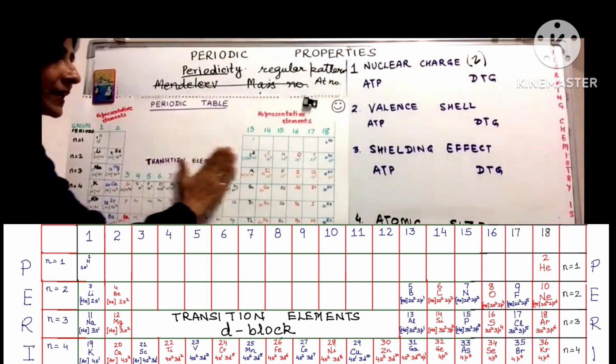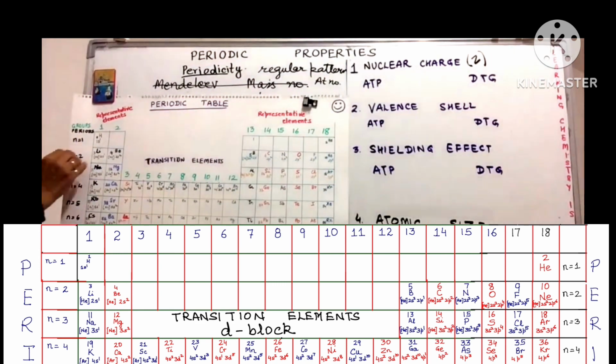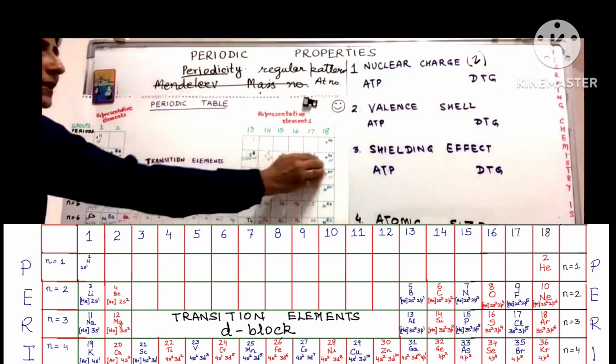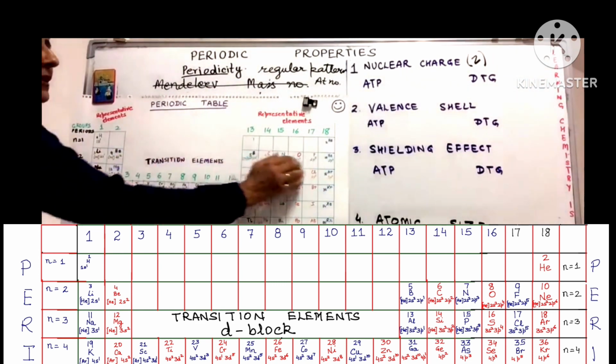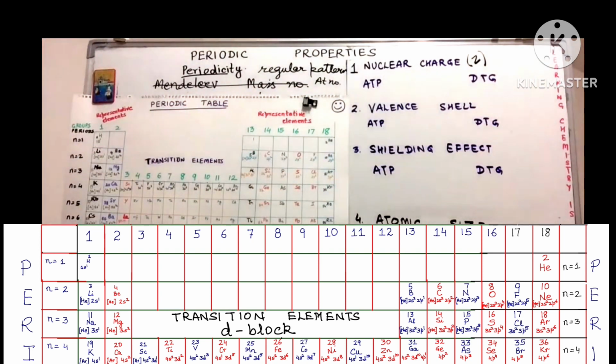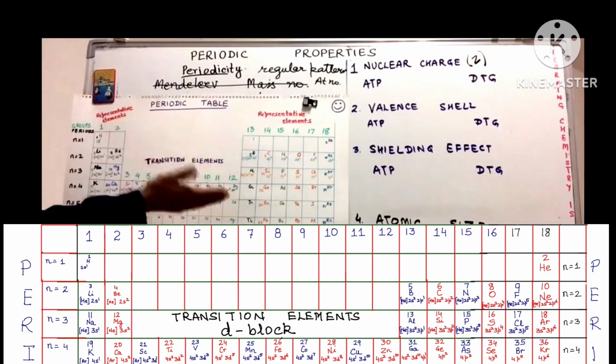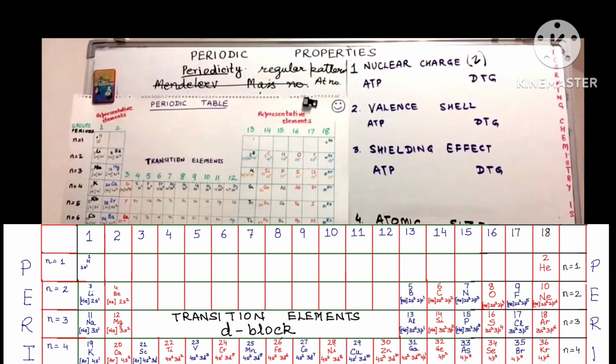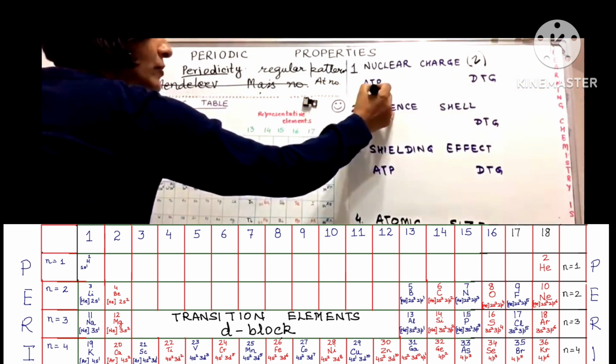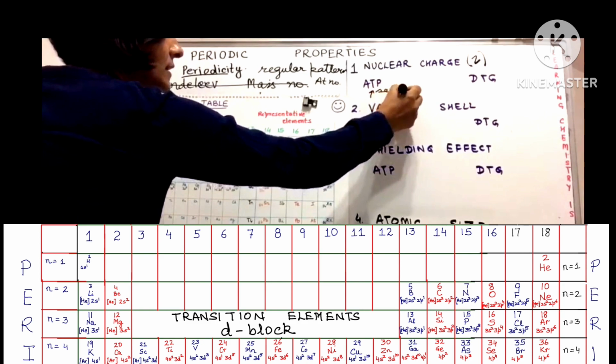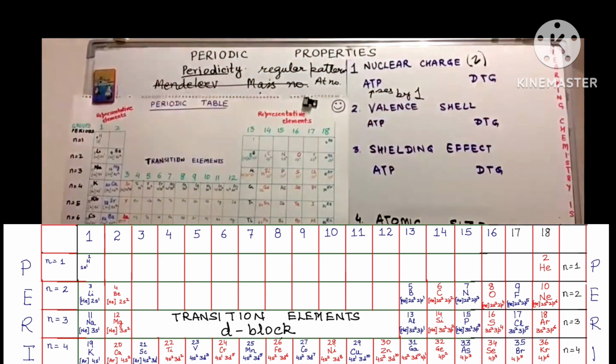What is happening when you are going along a period or across the period? How is the atomic number varying? Just like the variation of the atomic number, there will be a similar variation in the nuclear charge, because nuclear charge is the same as atomic number. So across the period, the atomic number increases by 1, and so does the nuclear charge.